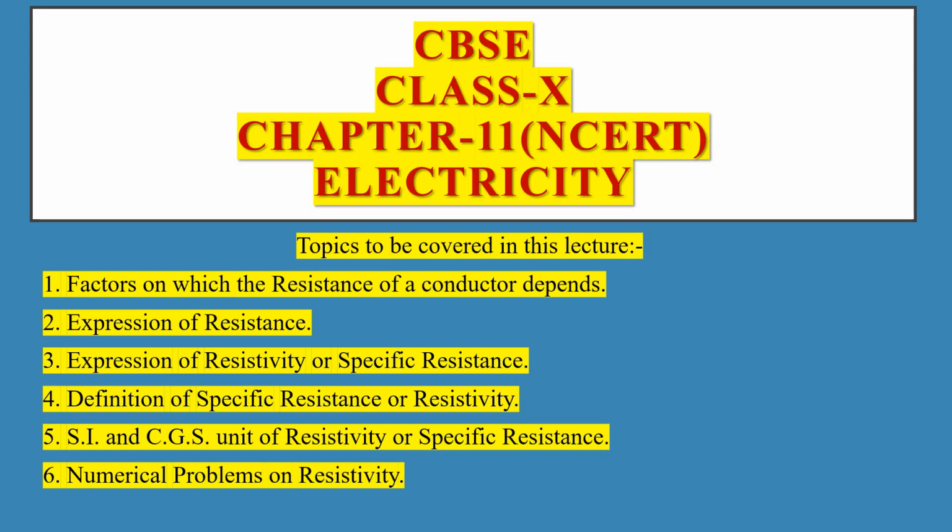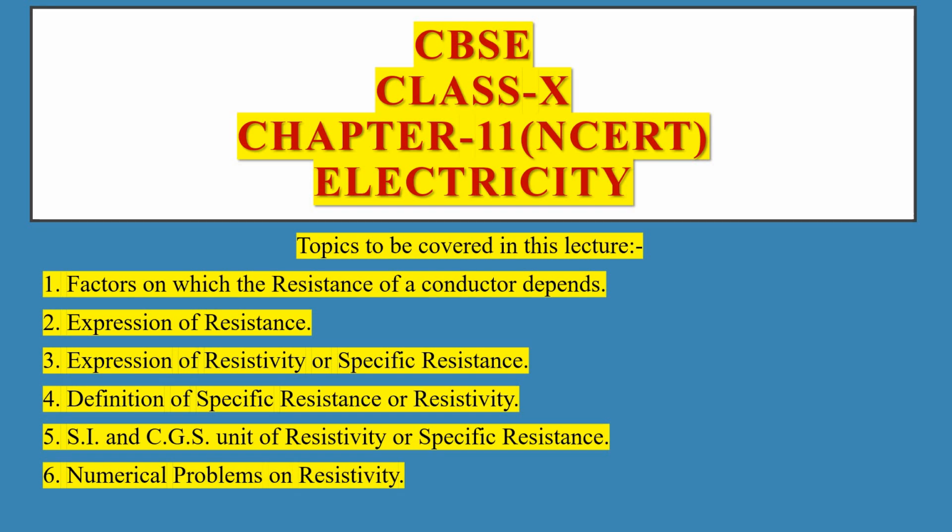So this is my third lecture on chapter 11 Electricity, which is taken from the CBSE NCERT class 10 syllabus. In this chapter, the topics that we are going to discuss today: first, factors on which resistance of a conductor depends.